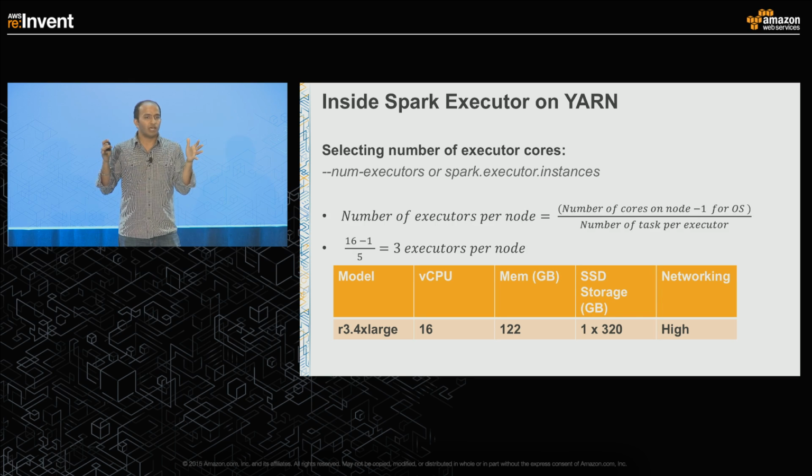You have one machine, R3.4XL, and in that machine you can run 3 executors. How that comes: the total number of cores on the machine is 16, we leave away 1 core for the OS, and 5 is the number of tasks per executor, as I discussed in the last slide. You can leave 4 to 5, and in this case we're selecting 5. So we get a rounded-off number of 3 executors per instance.